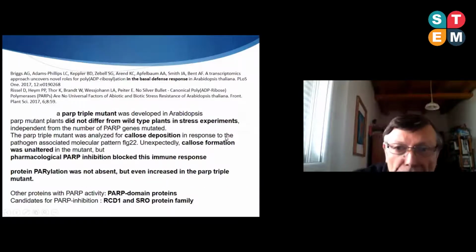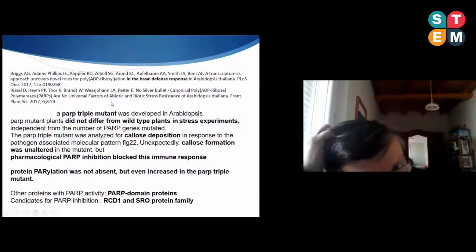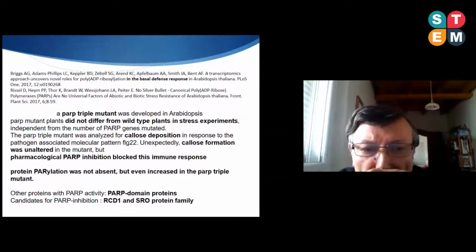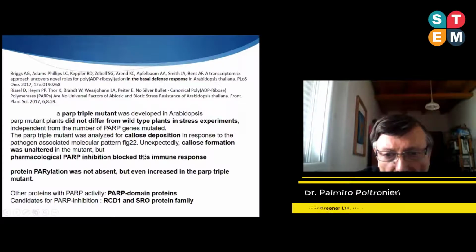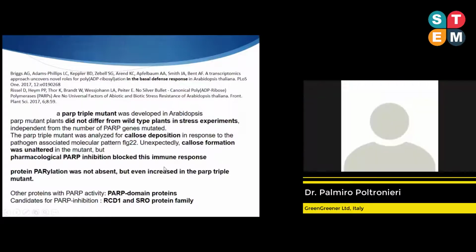And this work by Pater and Rissel showed that when we mutate the three PARPs in Arabidopsis, we don't see any difference. They studied accumulation of callose in the cell wall, and when the plant is challenged with the flagellin 22 peptide, there is still deposition of callose, but only when they use the PARP inhibitors, this immune response was blocked.